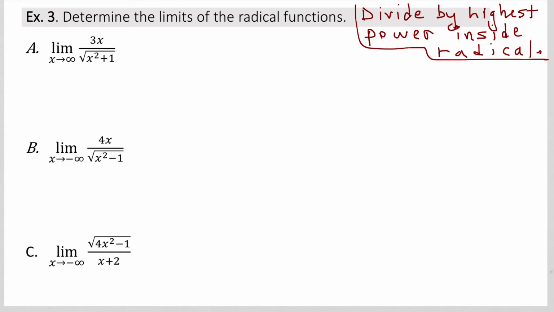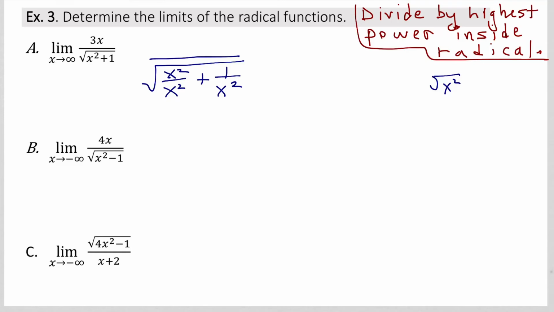So I'm going to divide underneath the radical here by x squared. And then I think about the fact that if I'm dividing under the radical by x squared, then if I take that outside the radical, I'm dividing by the square root of x squared.